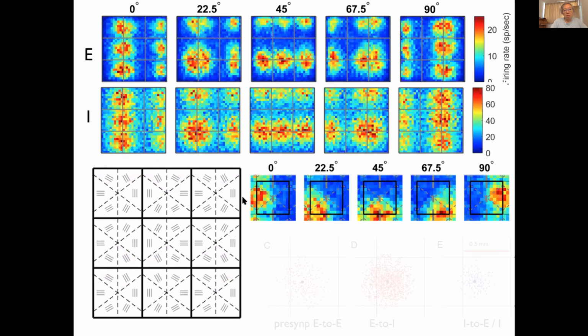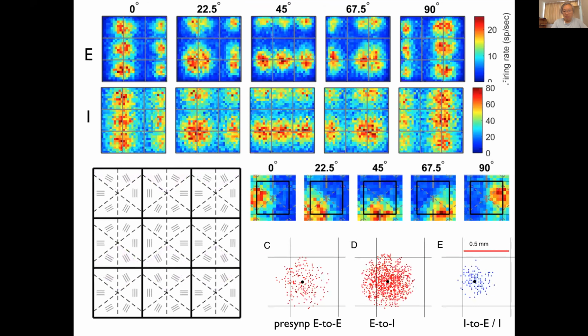Just to focus on the central hypercolumn, people talk about this pinwheel structure. You will see as you go along 0, 25, 45, like that, okay? And to remind you again, this is the connectivity. It does not respect this, it crosses the orientation boundaries.